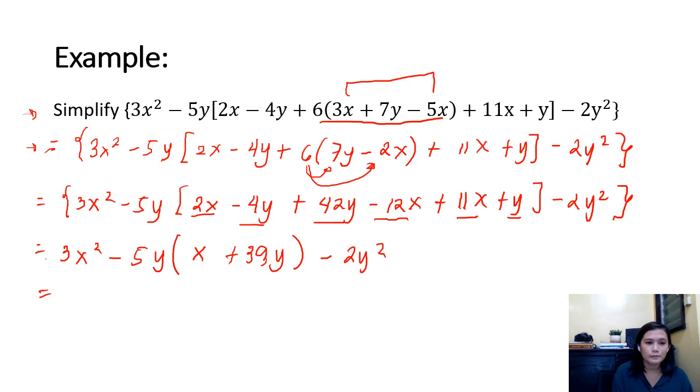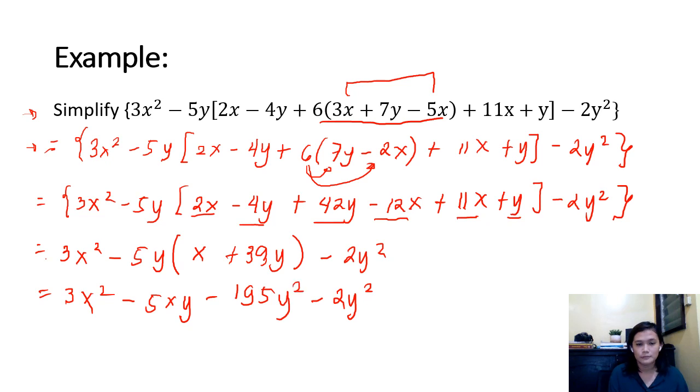So we need to get rid of the parenthesis so that we could simplify the whole expression. So you have 3x squared here minus, right, distribute negative 5 to each term. So you will have negative 5xy, right, plus 39 times 5, you will get negative, because it is negative 5y, so you will have negative 195y squared.